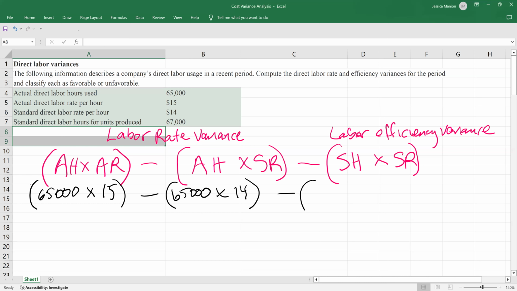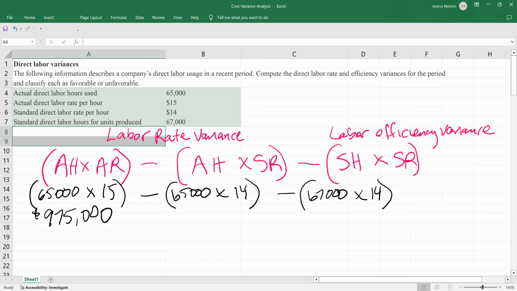And then standard hours 67,000 times the standard rate 14 is how we plug those numbers in. If I take my calculator, 65,000 times 15 gives us 975,000. That was our actual.